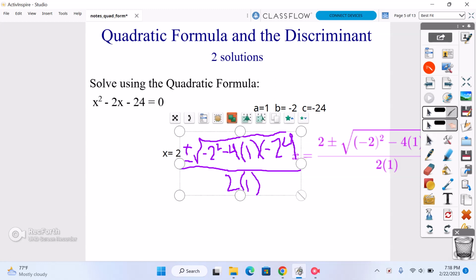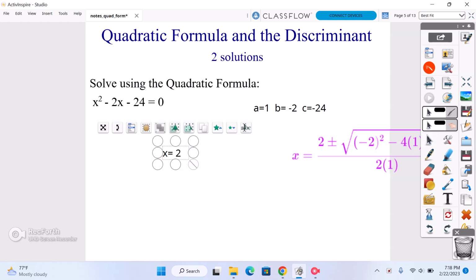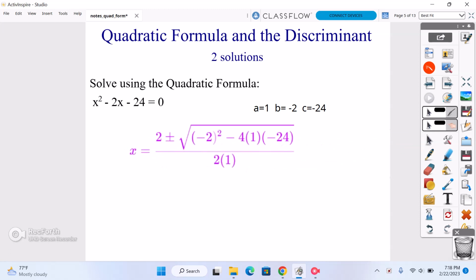Okay, so that's what we had written out here with my pen, and here is what our quadratic formula says.